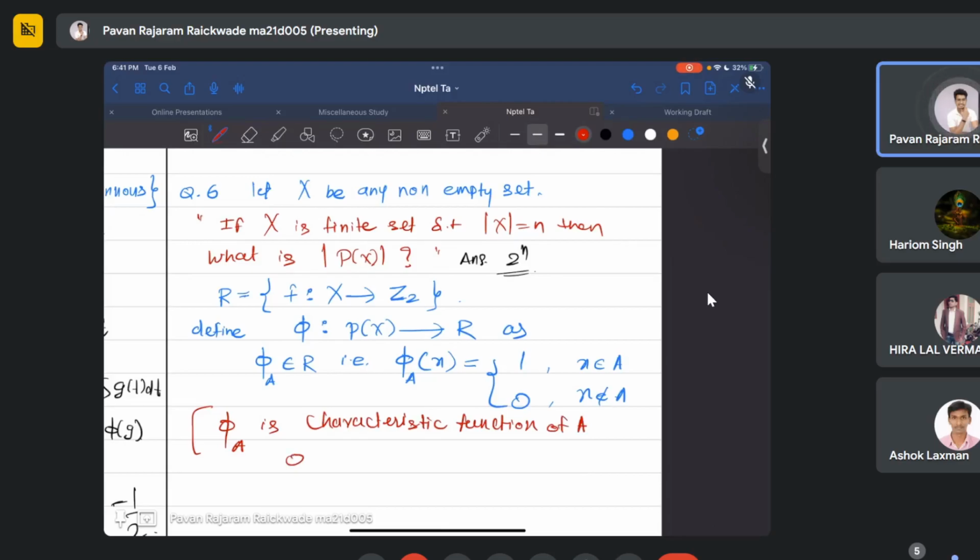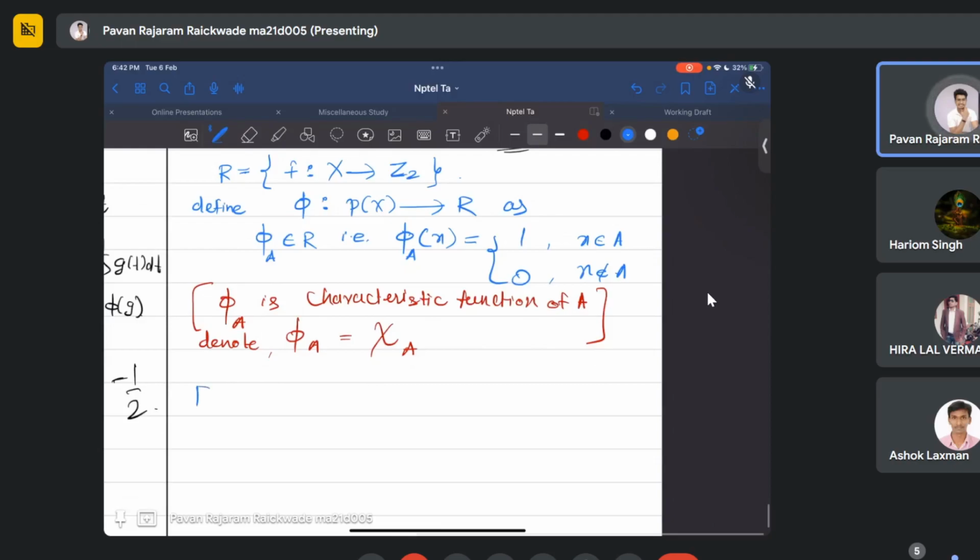You can also denote phi A as something like this, characteristic of A. Okay. So prove that phi is an isomorphism.